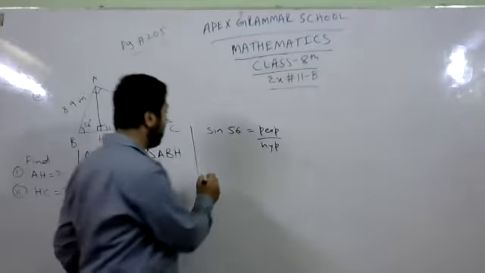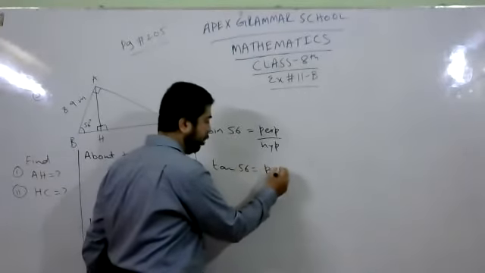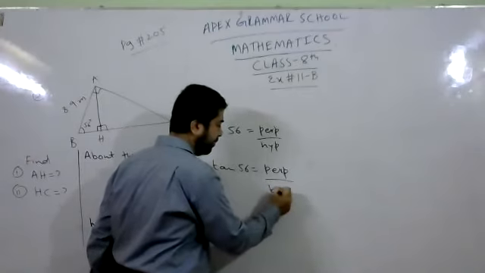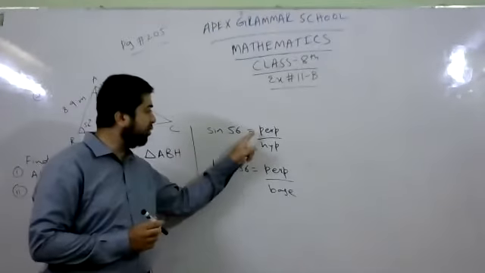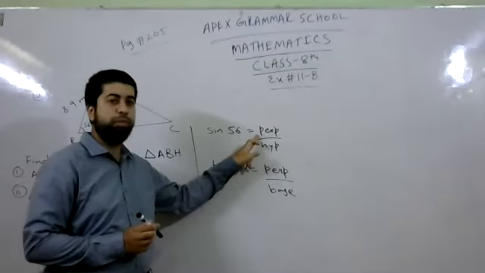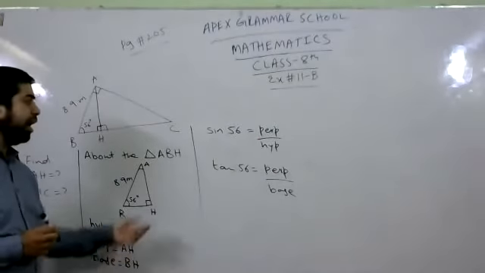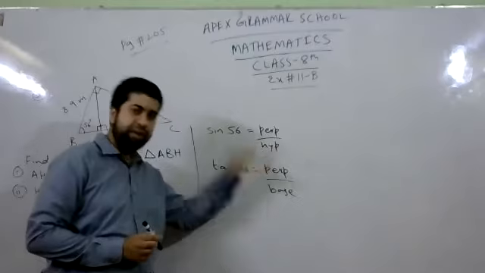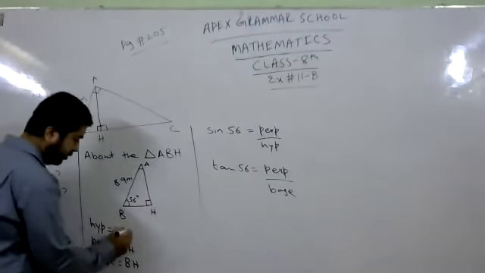If we use the tan, then we require perpendicular and base. In this case, we don't have the value of the perpendicular because we need to find it. Perpendicular is AH. We are given the hypotenuse, AD, which is equal to 8.9.